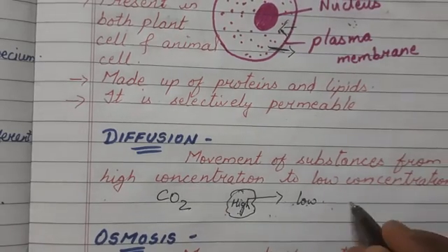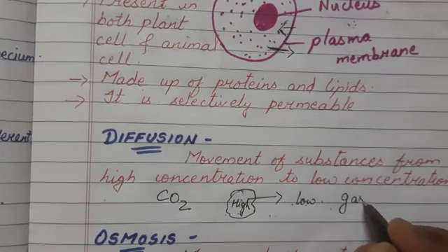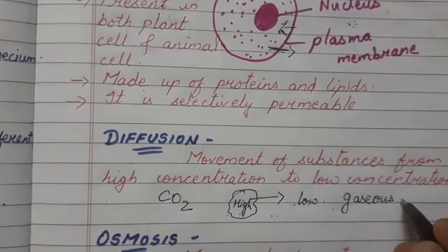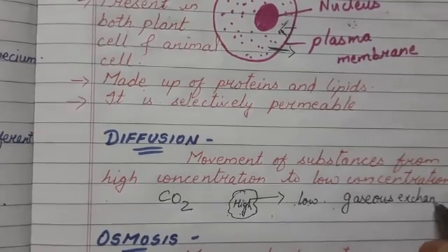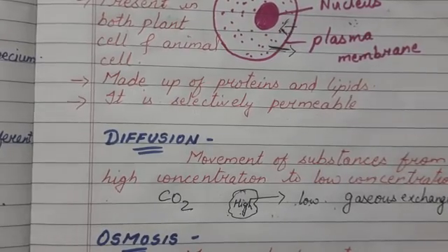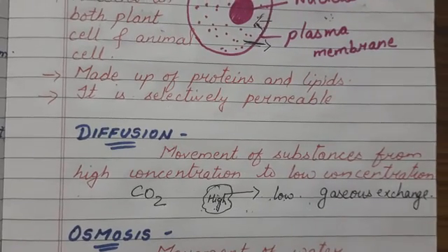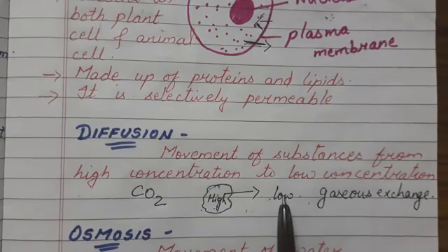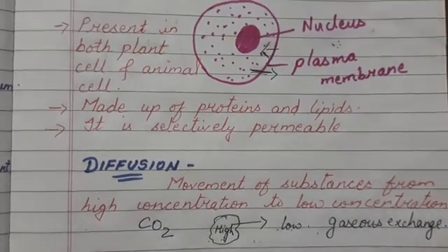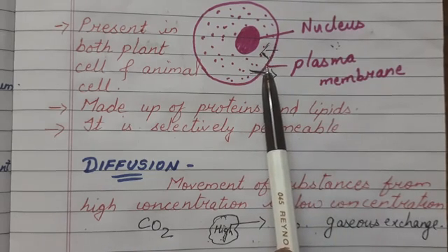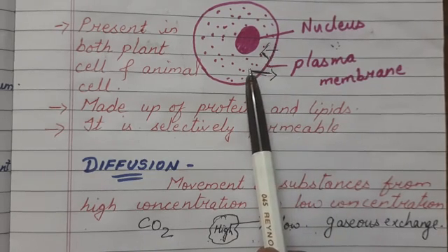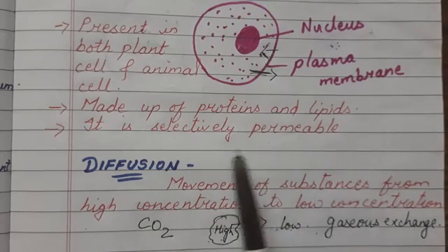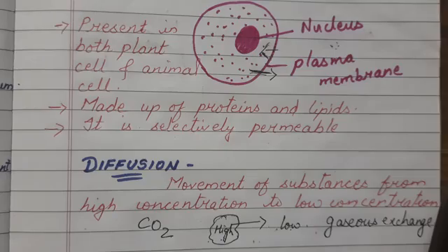Gaseous exchange involves the movement of carbon dioxide and oxygen into and out of the cell. You know that our body is made up of millions of cells, so gases can go in and out of the cell only through the plasma membrane.